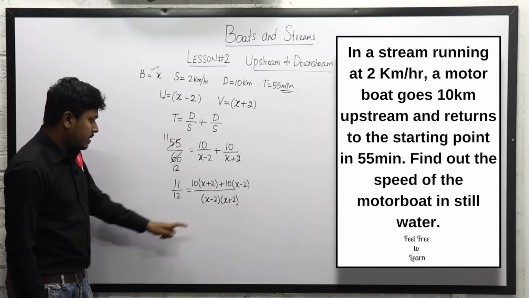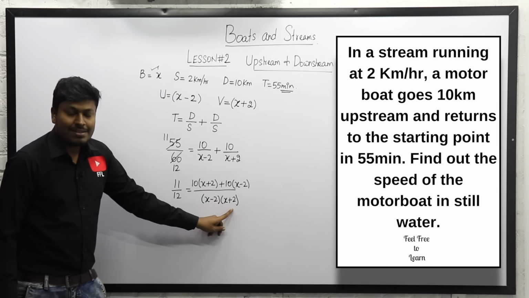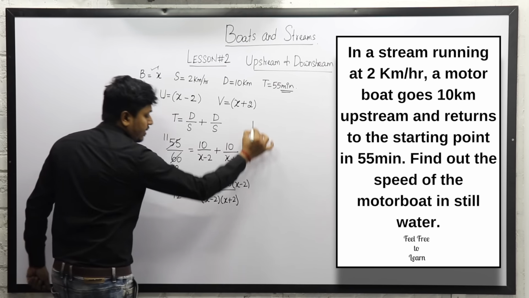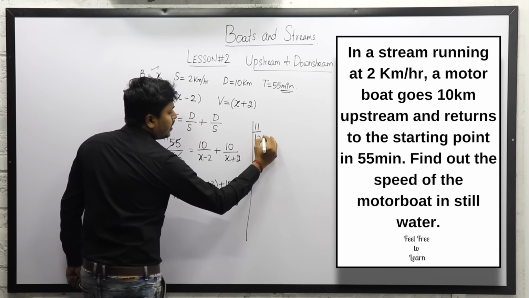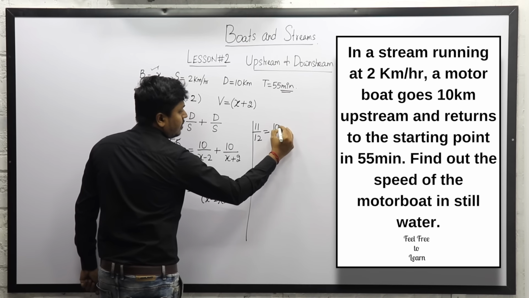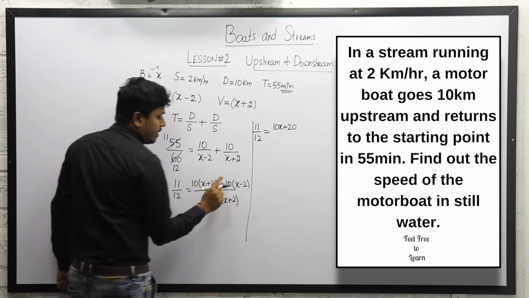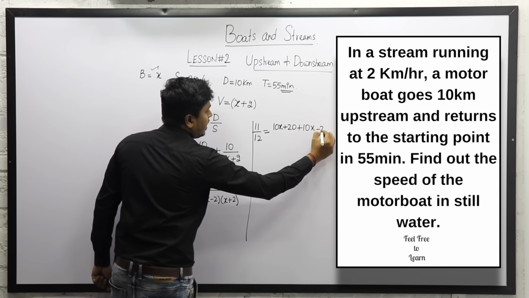So next step, just see, this will be a minus b, a plus b, which is a square minus b square, right? And also, 11 divided by 12 is equal to 10x plus 20 here. Similarly 10x minus 20.